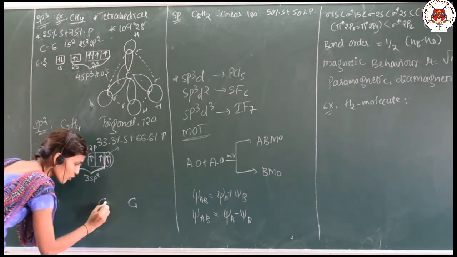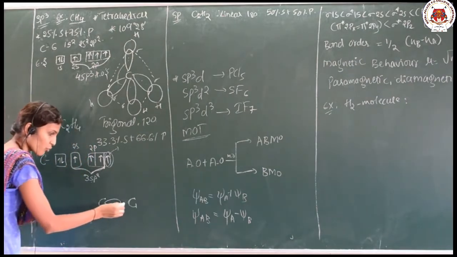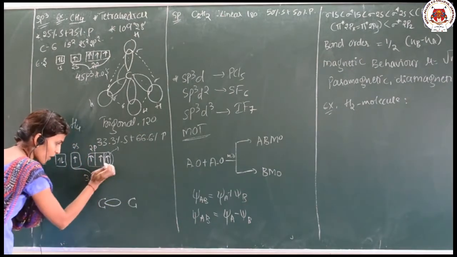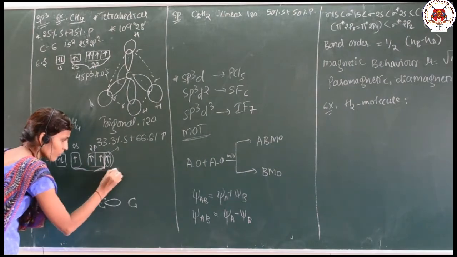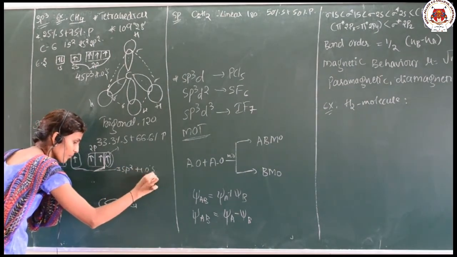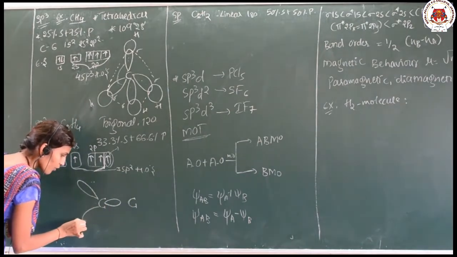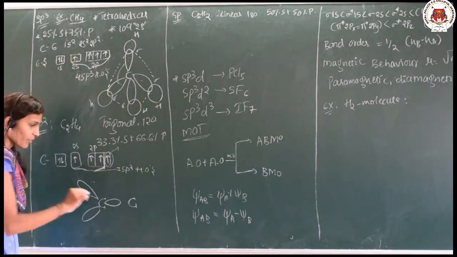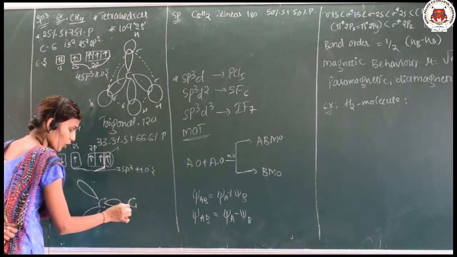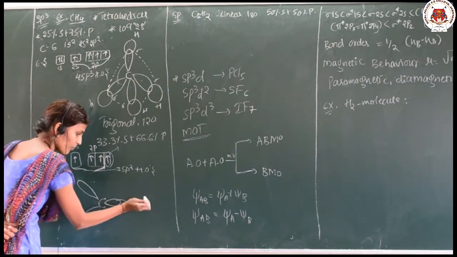So, the first one I will draw here, that overlaps with sp2. These 3 sp2 hybrid orbitals, and here one more and here one more. And for this carbon also it is similar. One of the hybrid orbitals of this carbon overlaps with the neighboring carbon.